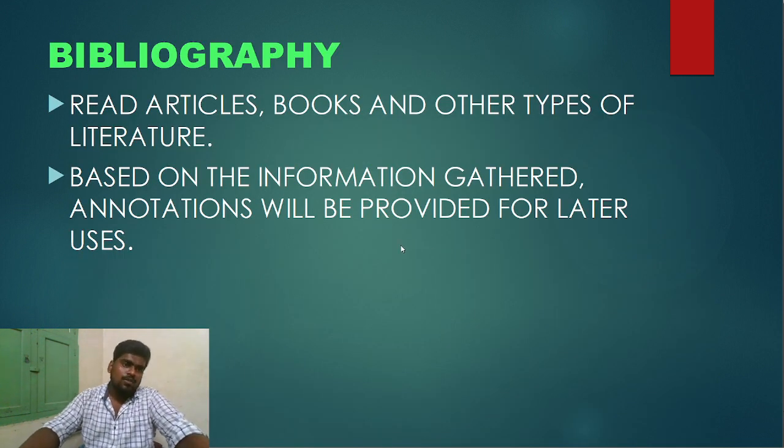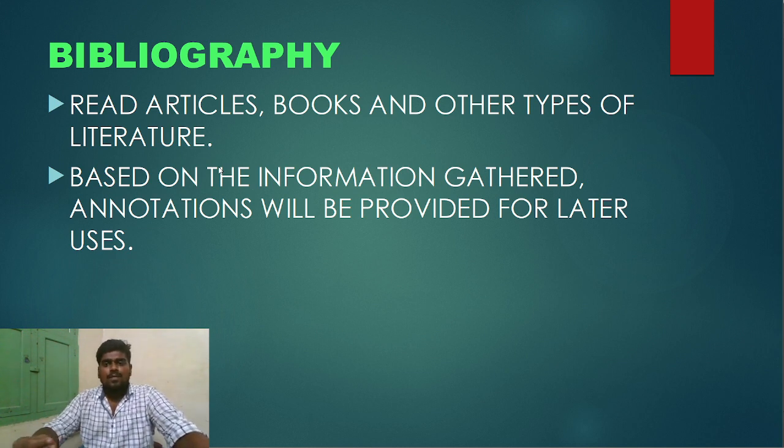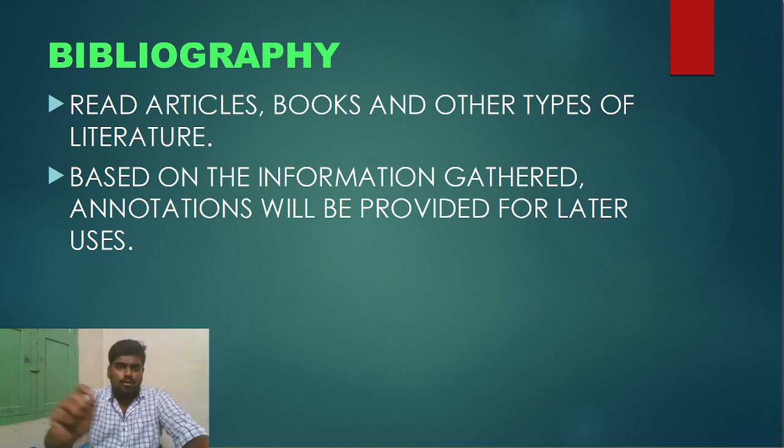So first, what is a bibliography? In a bibliography, we have to read articles, books, and other types of literature, and based on the information gathered, we have to give annotations, and that will help us for later use. Annotation is just highlighting all the important information.